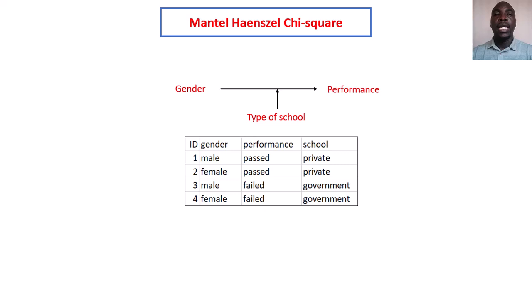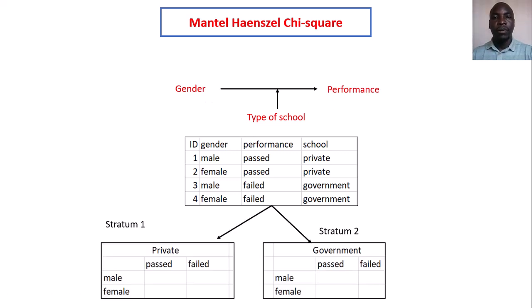Lastly, we look at the Mantel-Haenszel Chi-Square, where we have 3 categorical variables, and we want to see, first of all, does gender influence performance? Just like we saw previously. However, here we have a third variable, where we think that maybe being in a private or government school may influence the relationship between the gender of the student and the performance. So first we shall group our students according to the school.